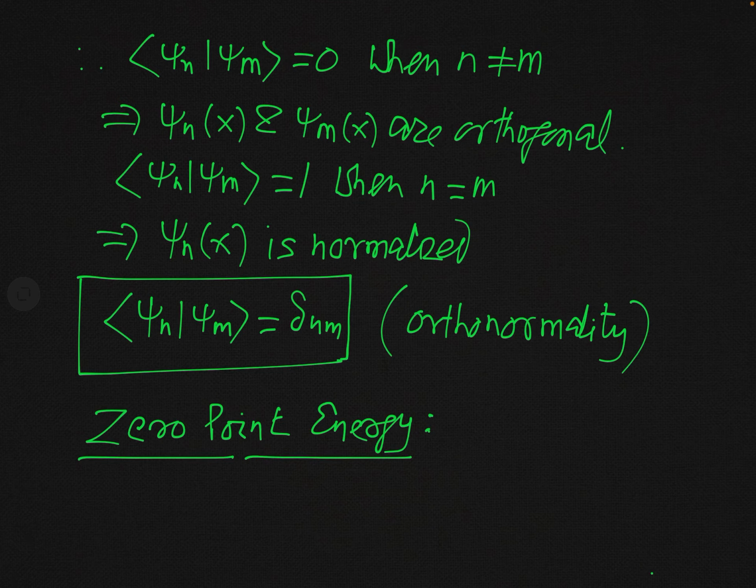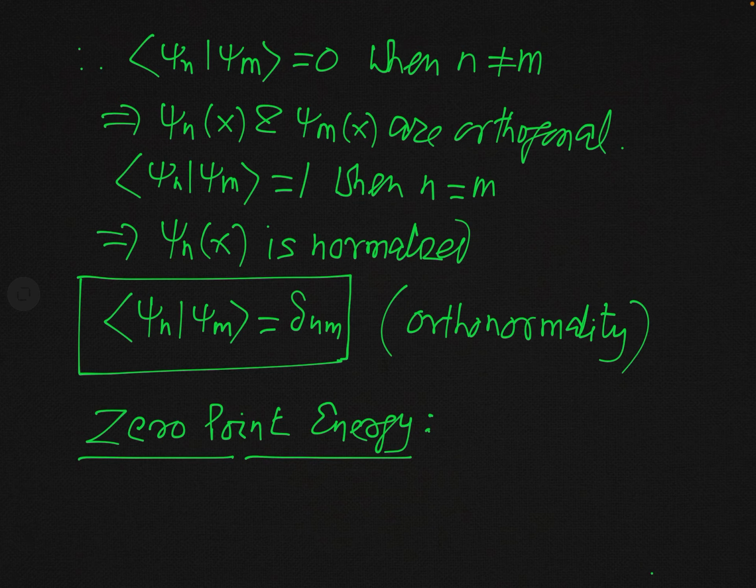Actually, in case of the square well potential, no eigenstate with 0 energy exists. In fact, if the energy of a particle in this square well potential is 0, then the particle will be at rest with 0 momentum, because our particle is free.